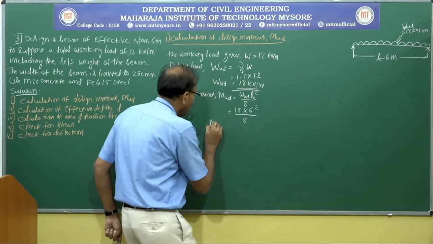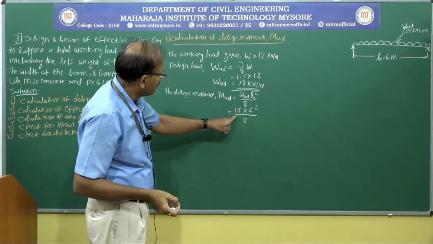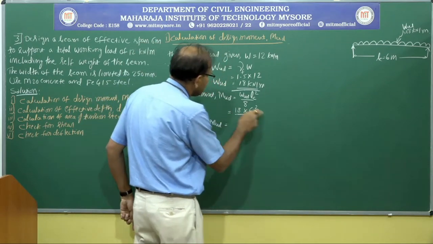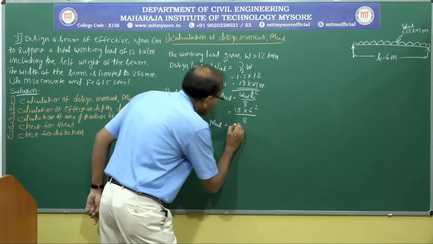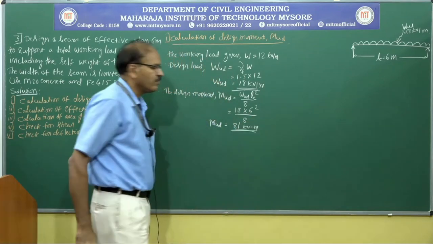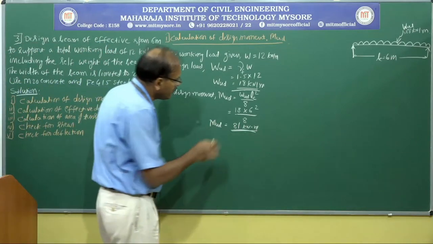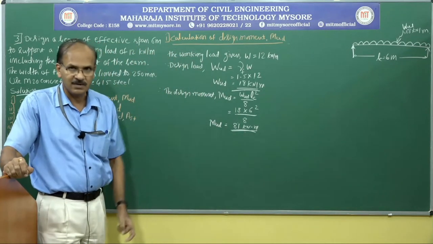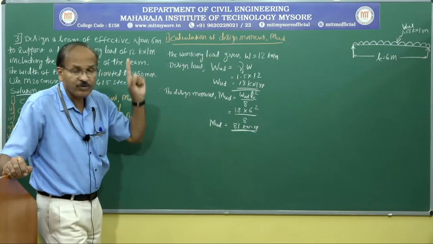So the value of MUD is 81 kilonewton meter. Okay. So let me cross check it. That is 81 kilonewton meter is the design moment for which we need to design the section. So this part, calculation of design moment MUD, is over.